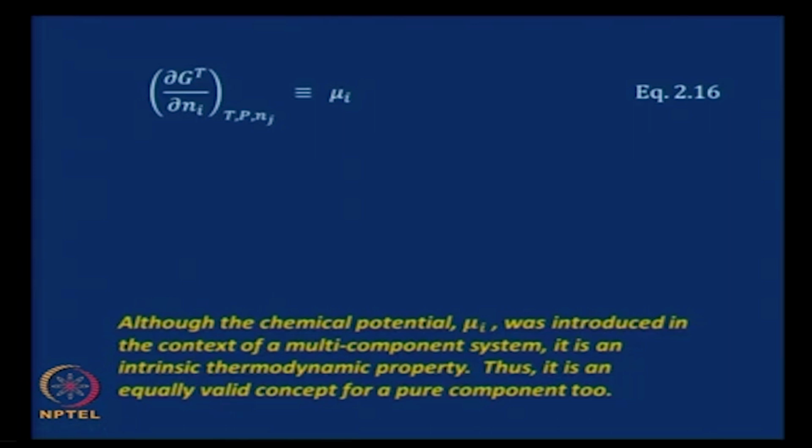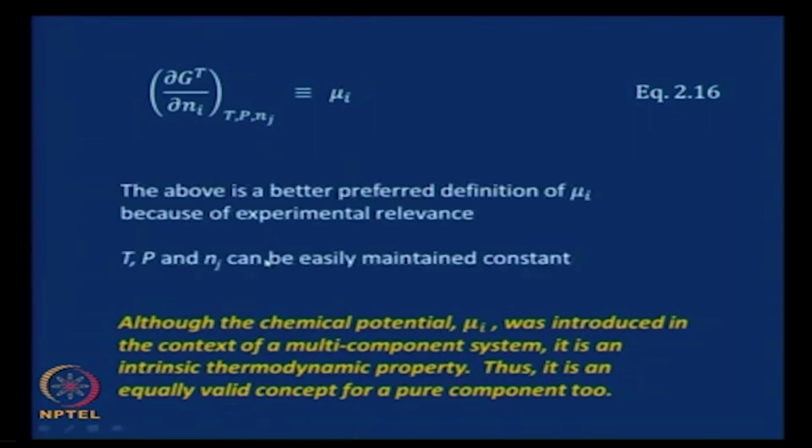Let us look at this a little closer now. Look at the quantities that are being held constant in this definition, dou Gt by dou ni at constant temperature, pressure and all other nj's different from ni, which is taken for the differentiation.